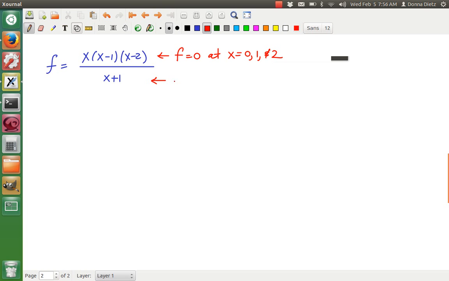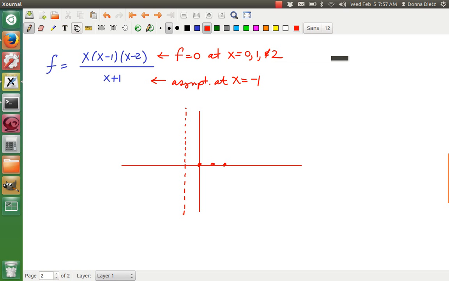This is telling you we have an asymptote at x equals negative 1. So let's put that on a graph and see what that tells us. Okay, so x is equal to 0, 1, and 2. We have roots, but we have an asymptote at x equals negative 1.